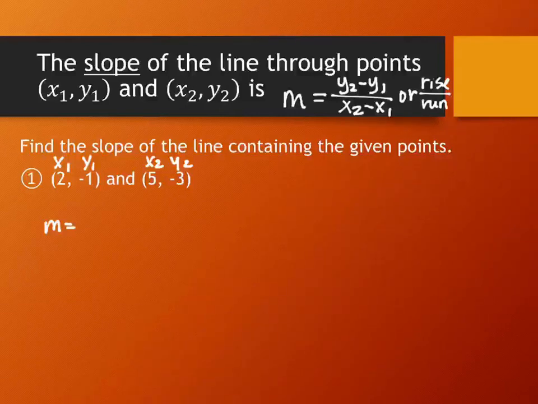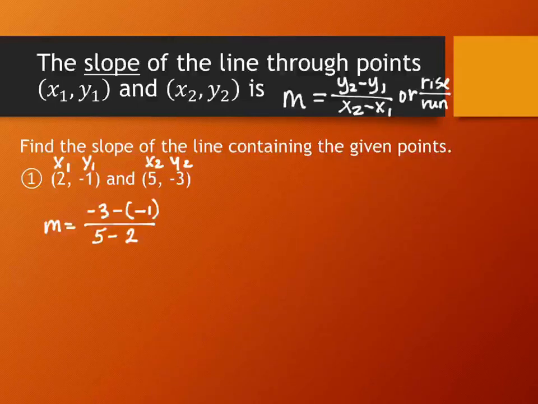All right, so I'm supposed to take the second y value, which is -3, minus the first y value, which is -1. So now I have -3 minus -1. And we'll do the same thing with the x's. The second x value, which is 5, minus the first x value, which is 2. So I have 5 minus 2.